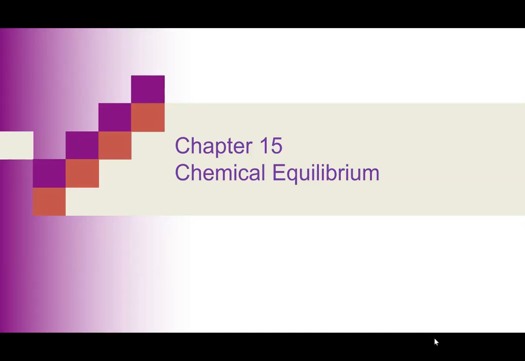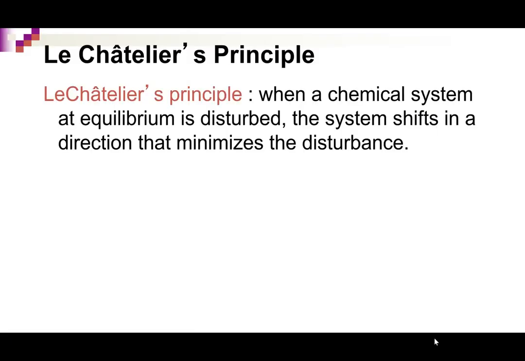What we're going to do now is take a turn away from these ICE tables and mathing, and we're going to talk about a concept called Le Chatelier's principle. Le Chatelier's principle is going to give us the opportunity to disturb or manipulate a system that's at equilibrium.